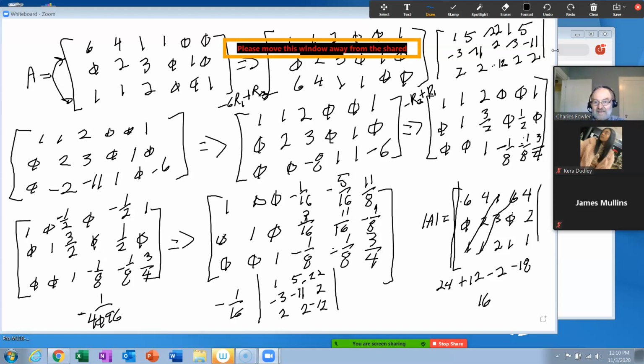A minus 384. Now, that's my numerator, I think. I'm going to divide that by 4096.